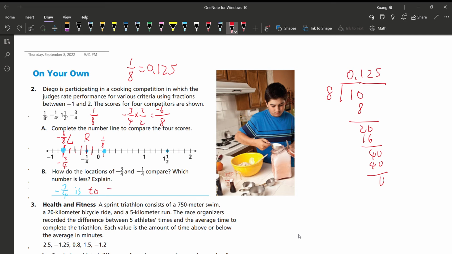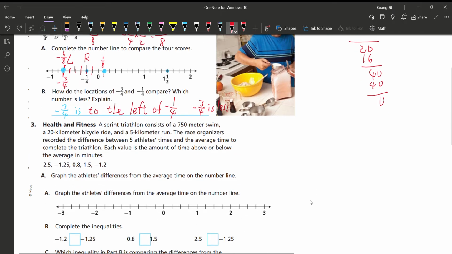So -3/4 is to the left of -1/4. And which is less? The point on the left side is less. So -3/4 is less than -1/4, because it's to the left of -1/4. Right, that's it.